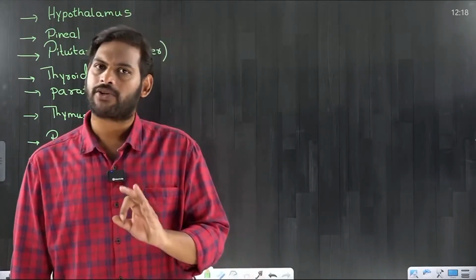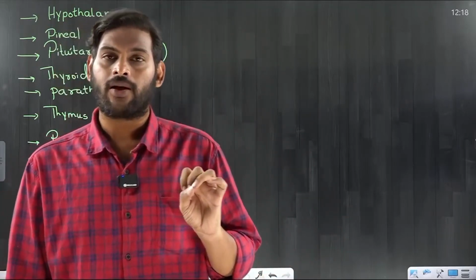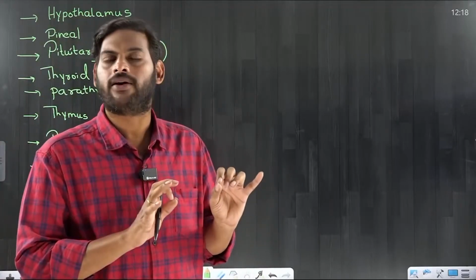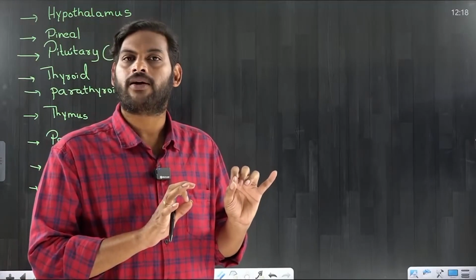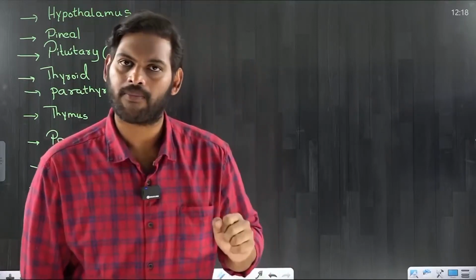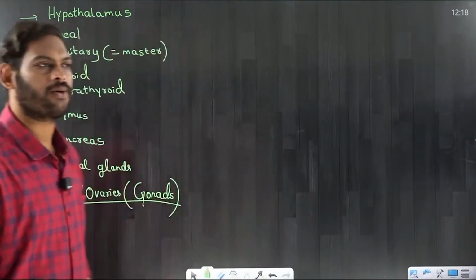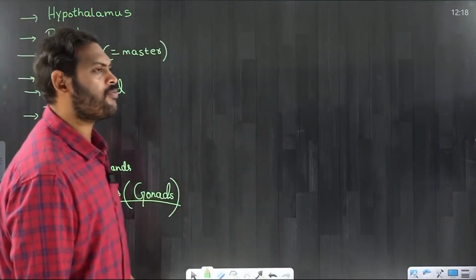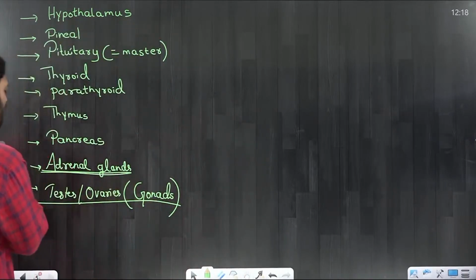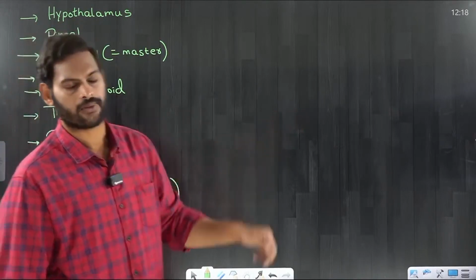Guys, when you are stressed, excited, frightened, amazed, shocked, a hormone will be there which will do all these things for you. This hormone was adrenaline, which is now called epinephrine. And which gland makes this? The gland responsible for your stress condition. Yes, fight or flight. Adrenal glands. Very correct. Next question for you.